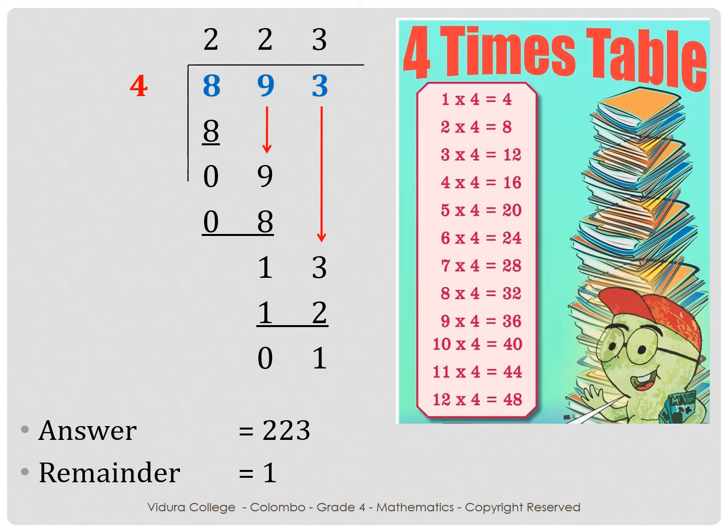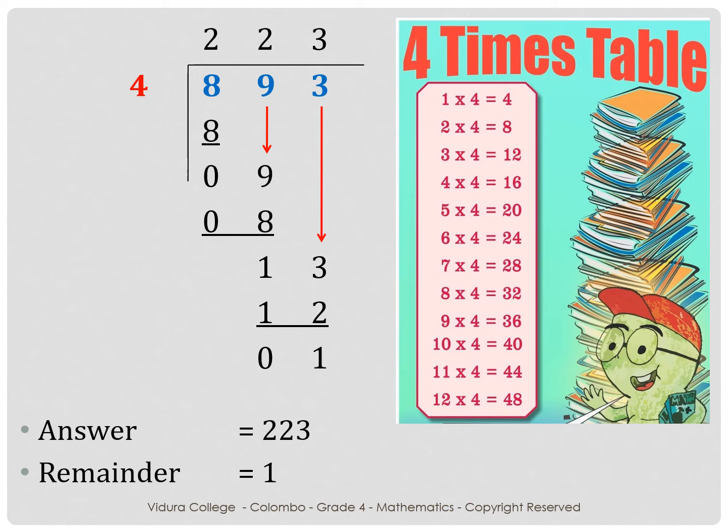Next, move to next digit now. Can you see? You want to bring 3 down as shown. Now children, you want to find how many 4 times are there for 13. Can you see children? In the 4 times table, 4 times 3 equals 12.